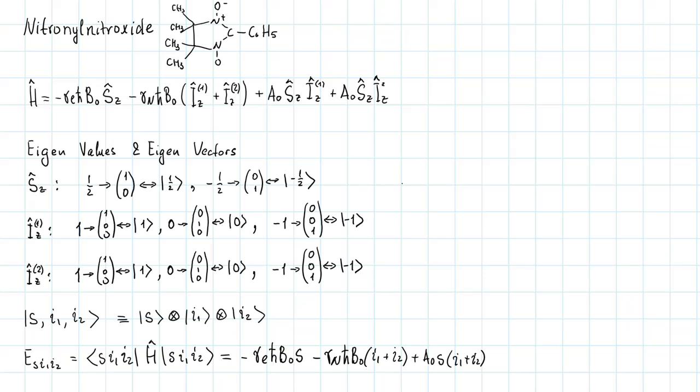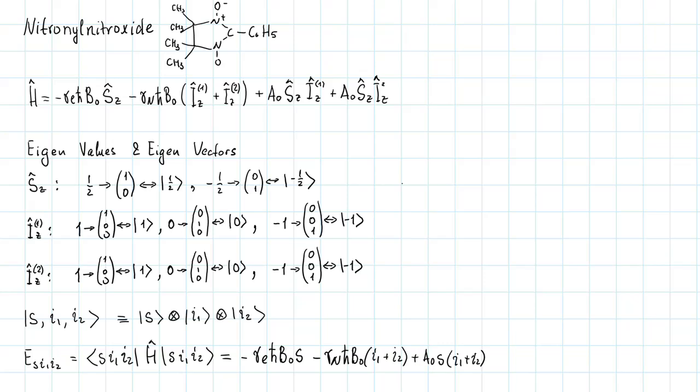The second term corresponds to the nitrogen nuclear spin Zeeman interaction and depends on the sum of the magnetic quantum numbers I1 and I2, which each can be +1, 0, or -1. And the third term corresponds to the hyperfine interaction of the unpaired electron spin with both nitrogen nuclear spins, and it depends on the product of S and the sum of I1 and I2.